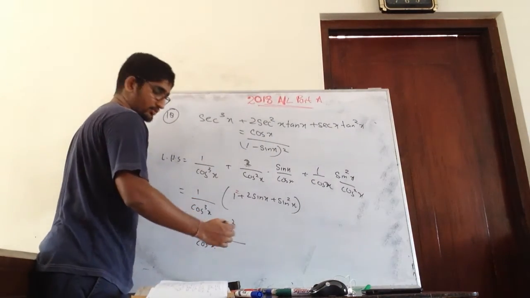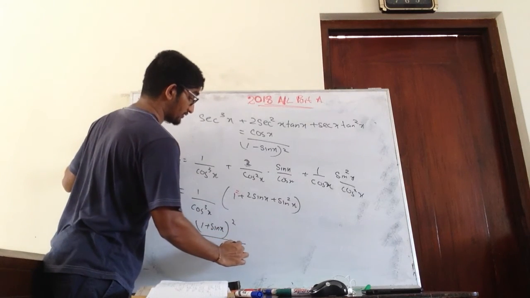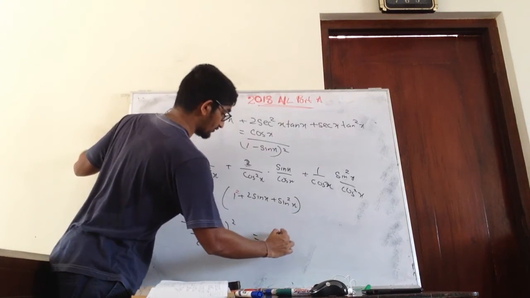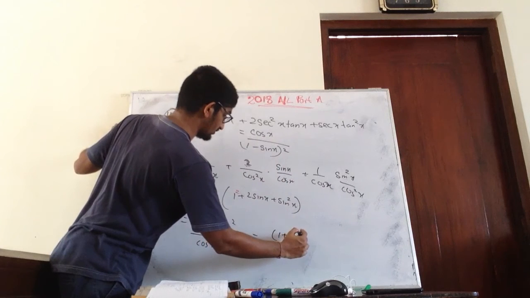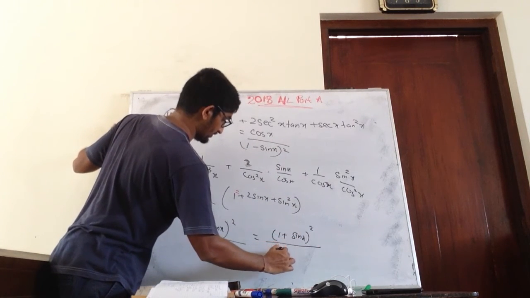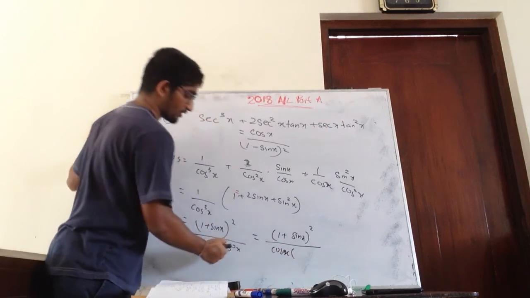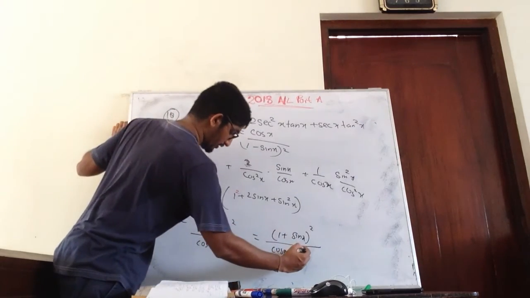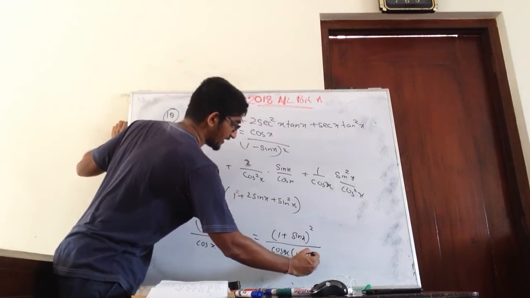Then cos squared x I can write as 1 minus sin squared x.